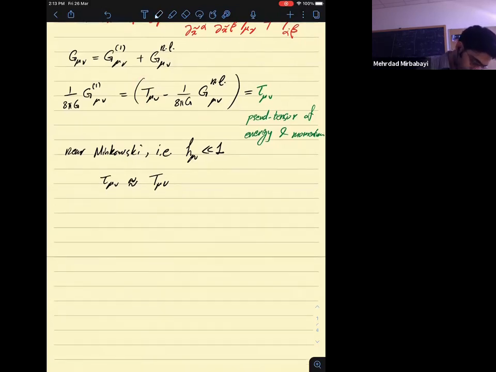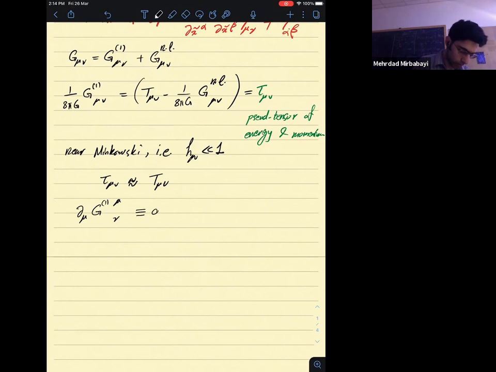So if I consider d mu of G1 mu nu, that is actually identical to 0, where I raise the index by eta mu nu, the Minkowski matrix.